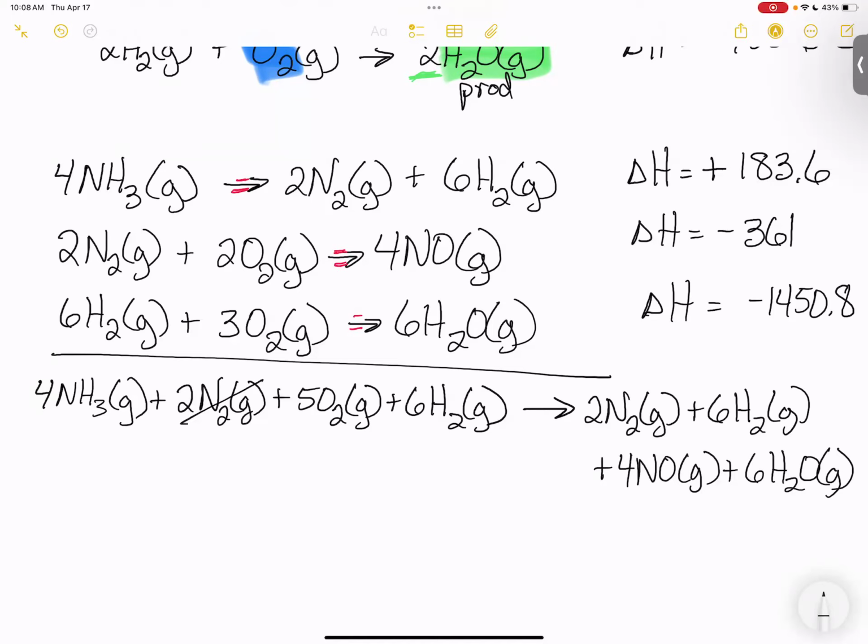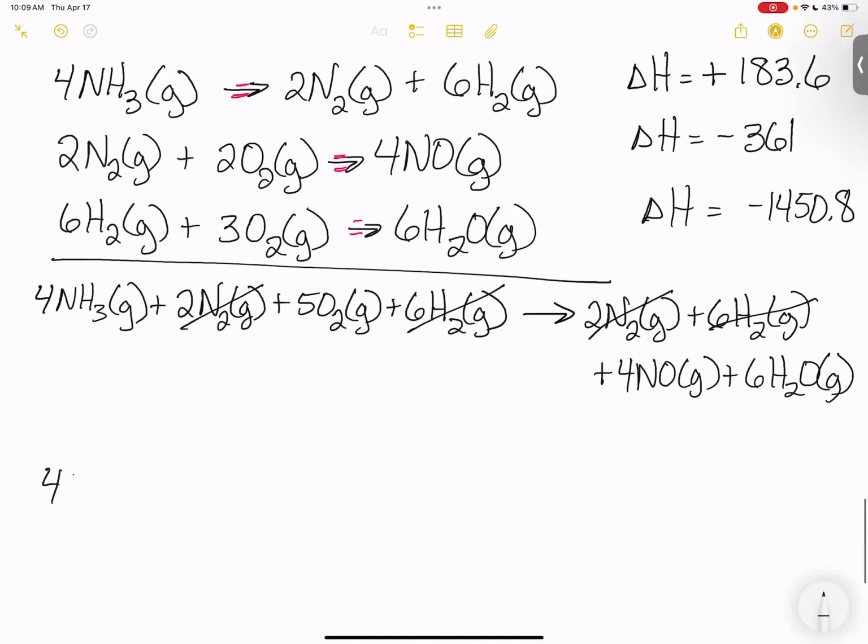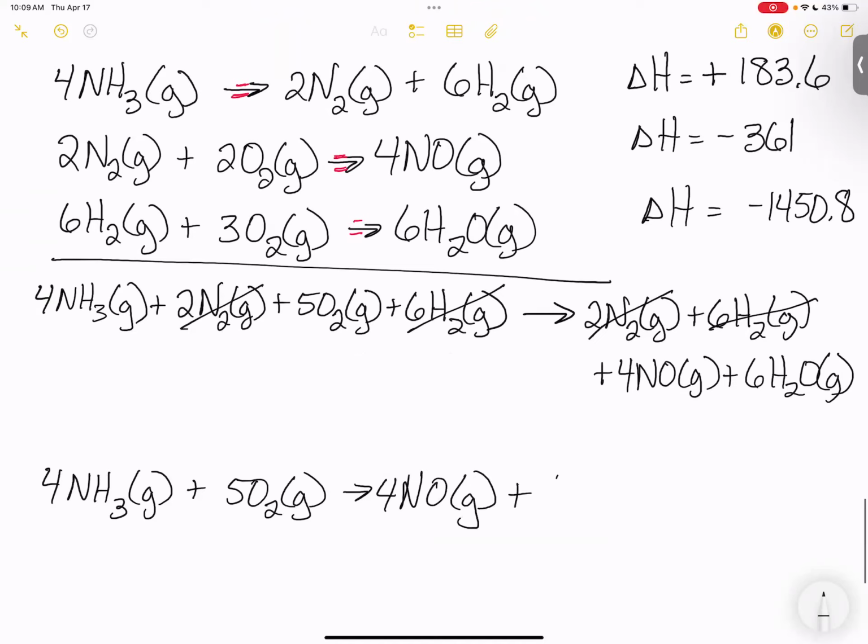So the N2 gas is going to go away. The H2 gas is going to go away. And if I did this correctly, then once I got rid of the things that appear on both sides, you will notice that I got out the target equation.